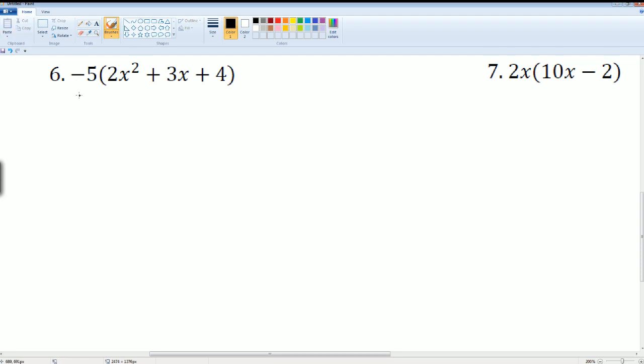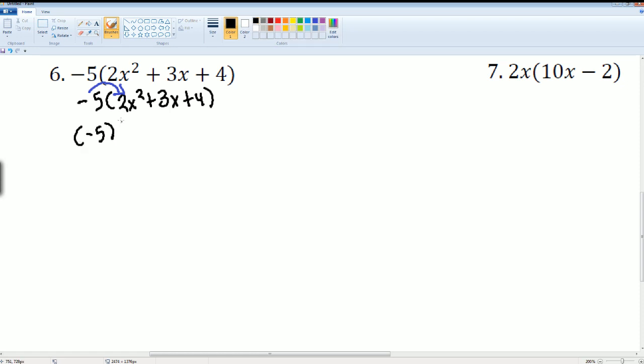Alright, so we have negative 5 parentheses 2x squared plus 3x plus 4. We are going to distribute. So the first thing is the negative 5 is going to be distributed to the first term.